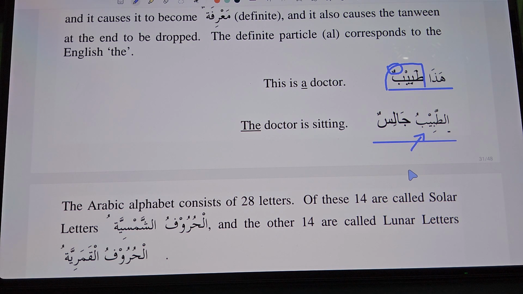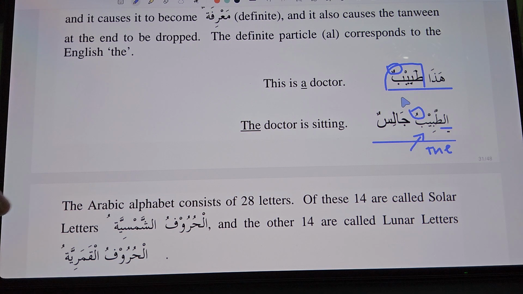It's ma'rifa because there's alif lam. We're speaking about a specific doctor who is sitting. And when alif lam is added, the tanween is cancelled. I mean, one dhamma has been cancelled out.